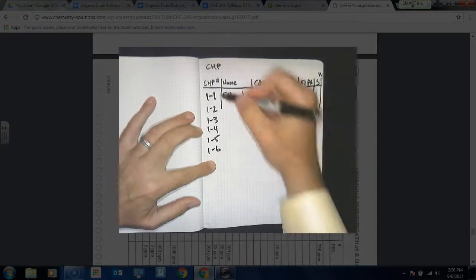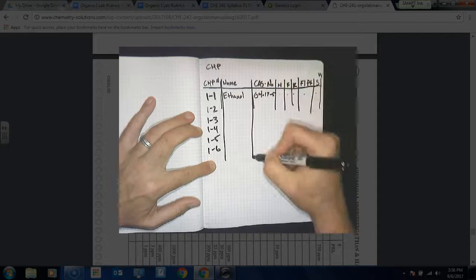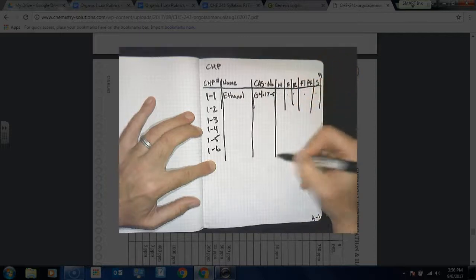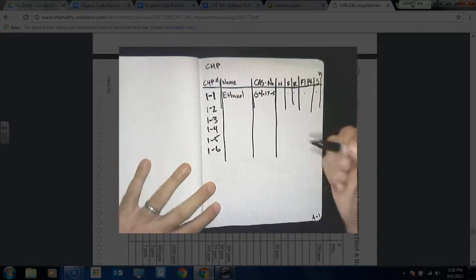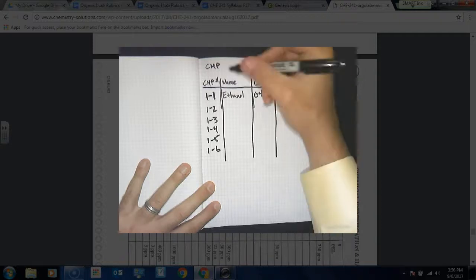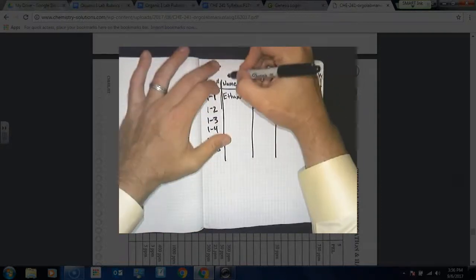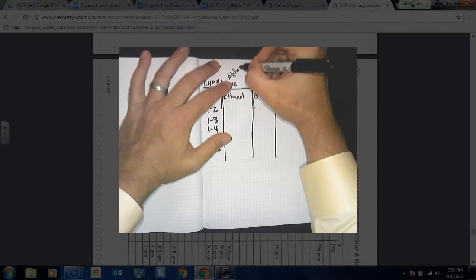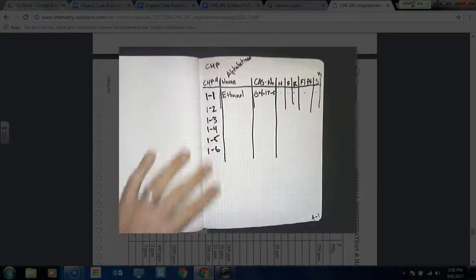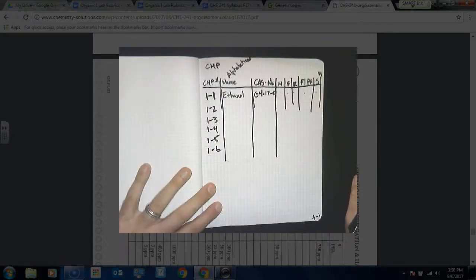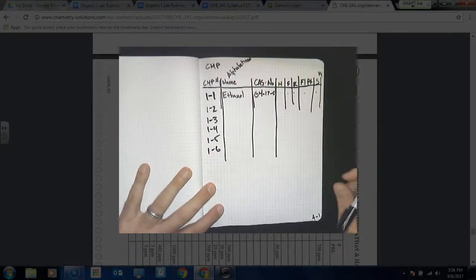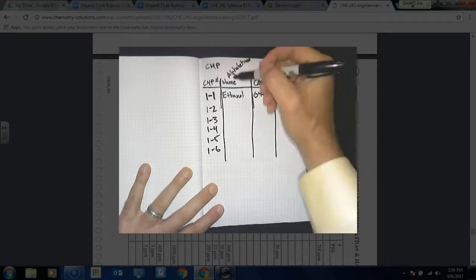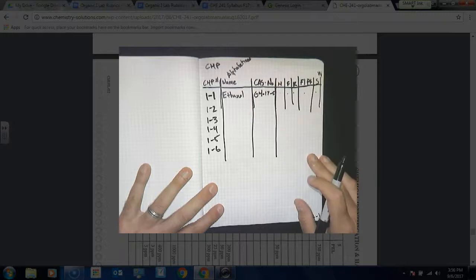And I will tell you, depending on how particular you are, if you're going to do this perfect, this name thing should be alphabetized. Okay. Now that's a little too particular for what I am grading on, but I might as well give you that. I'm not going to count whether this thing is alphabetized or not.